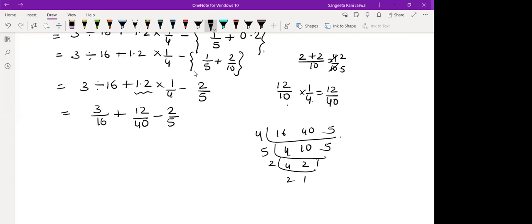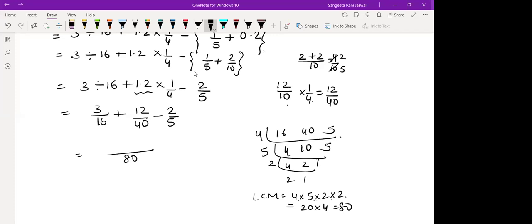Okay, so your LCM is 4 into 5 into 2 into 2, right? So 4 5s is 20, 20 into 4, 80. Right, children?